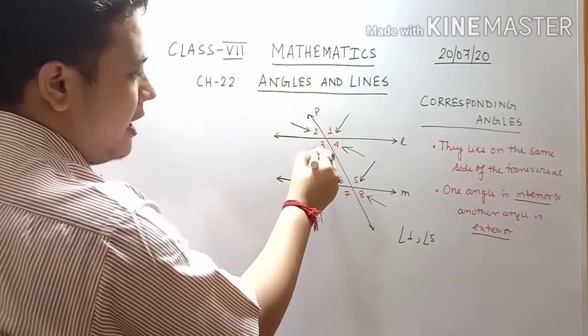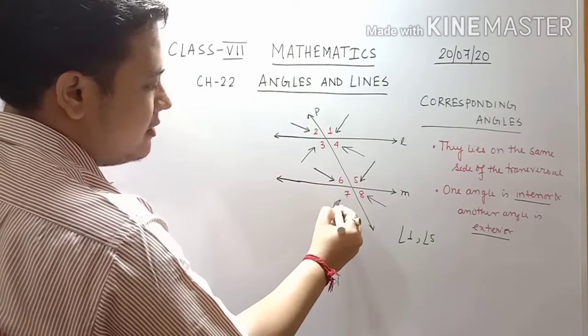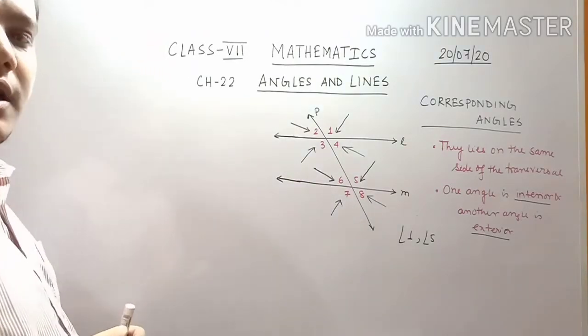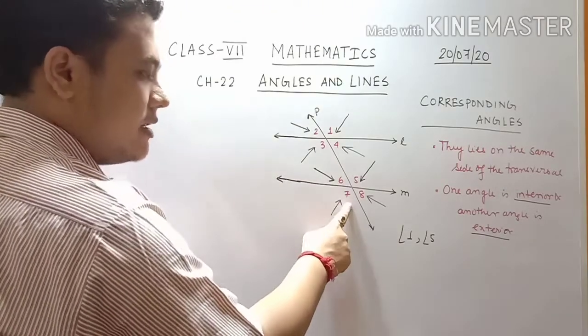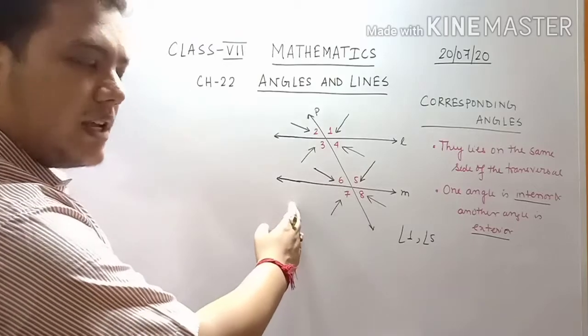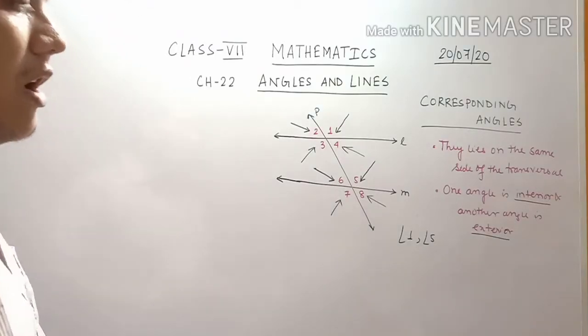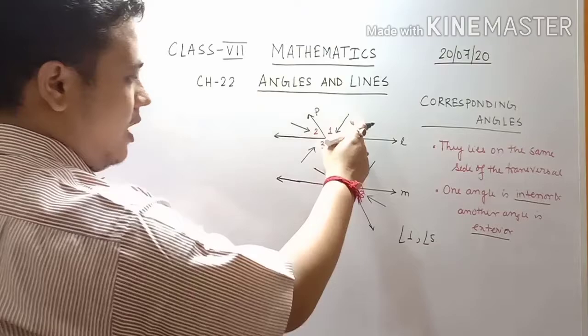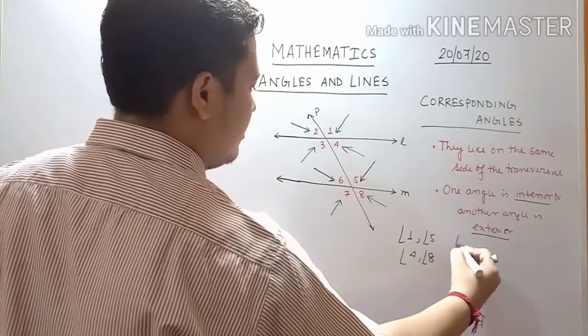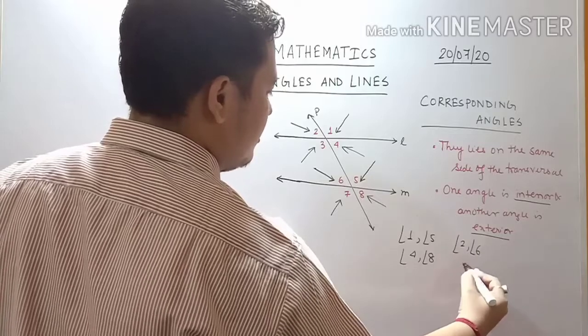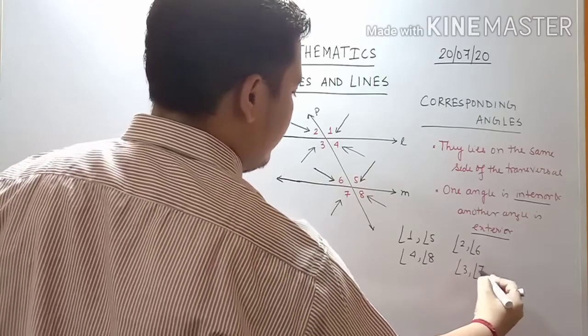Similarly, angle 3 and angle 7 are also corresponding angles, because one is interior and another one is exterior, and they lie on the same side of the transversal. So how many such pairs are we getting? 1 and 5, 4 and 8, 2 and 6, 3 and 7.